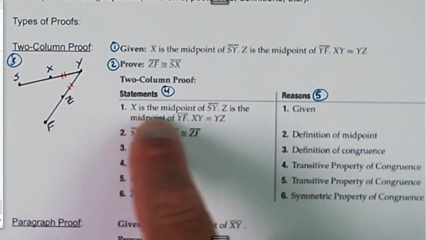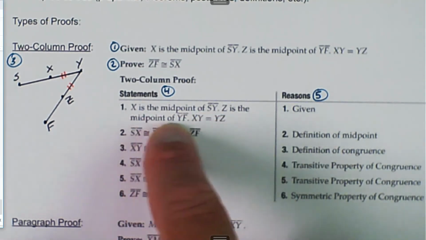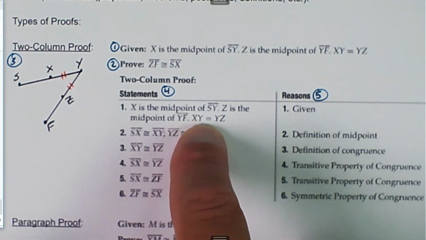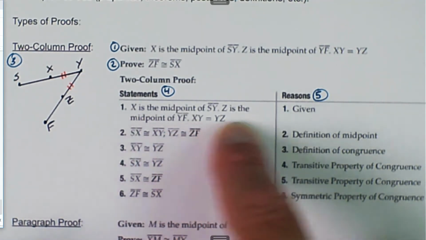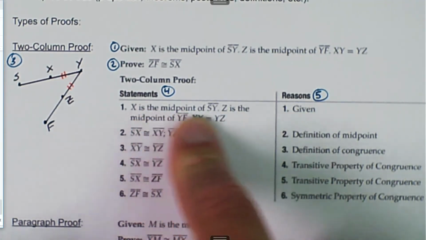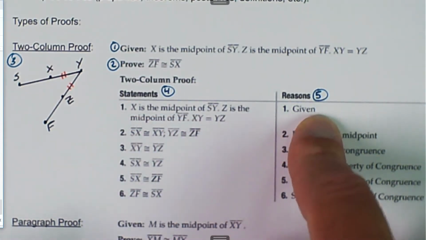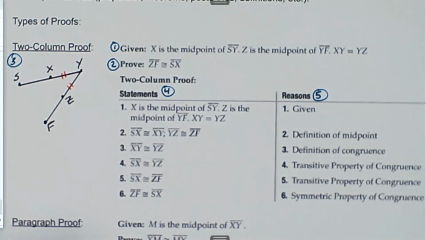So X is the midpoint of line segment SY, Z is the midpoint of line segment YF, and XY is equal to YZ. The reason: given. So when we're doing this on our test, if we write that information in the first box and then write given, that will be worth 2 points right there.